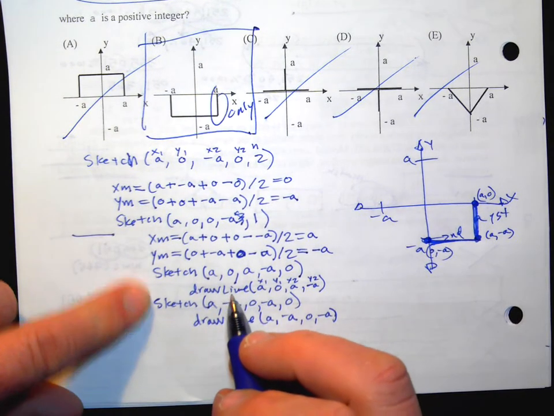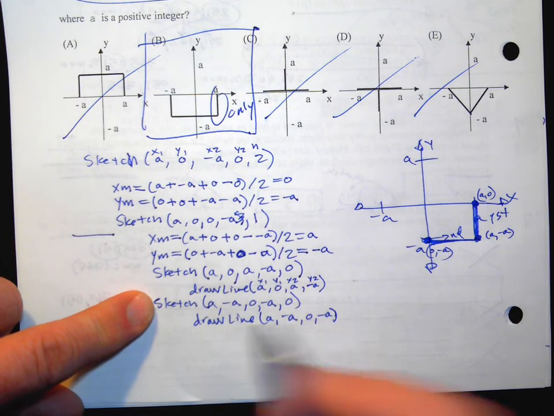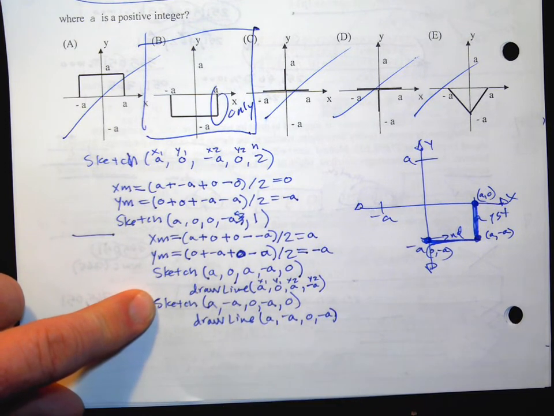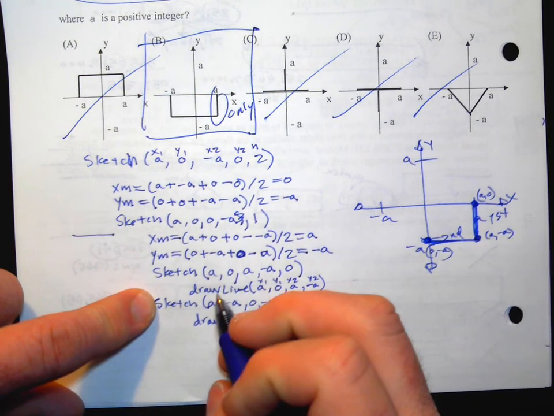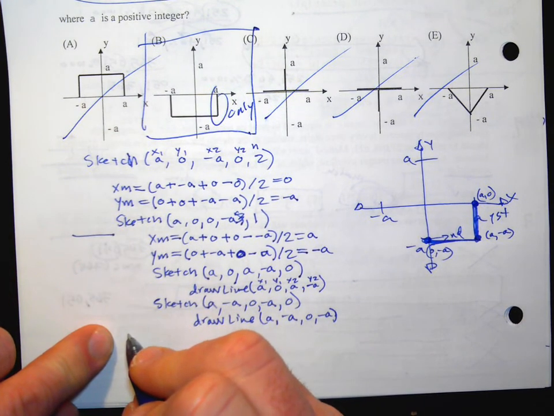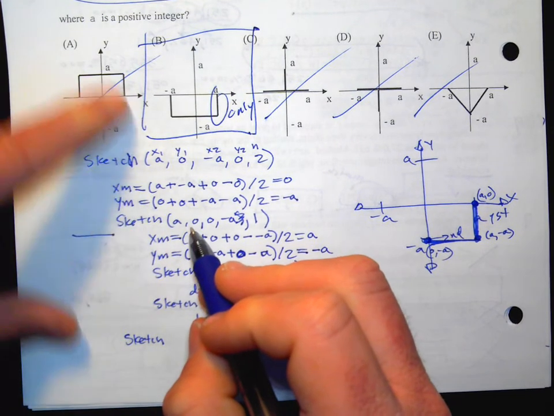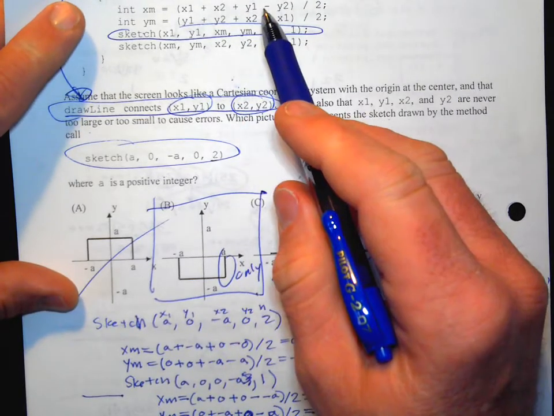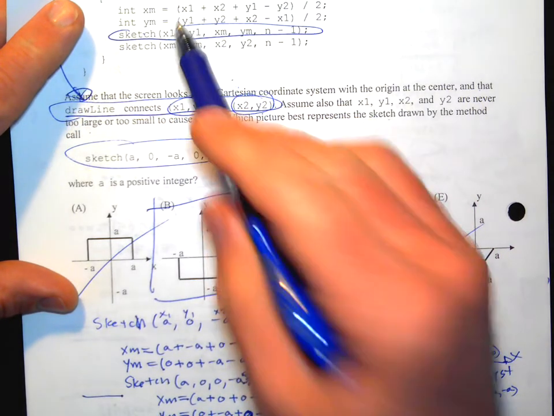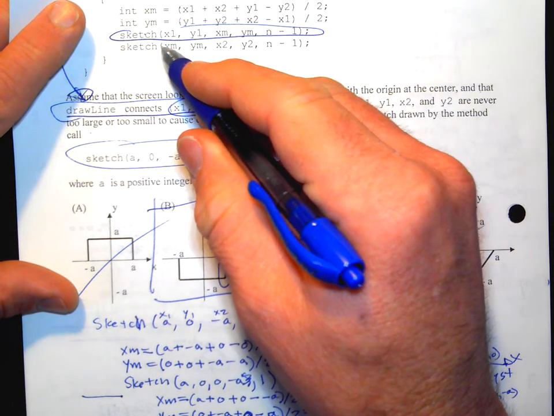So now, let's see where we're at. We finished that, and then we go back up to here, and this calls sketch. So this is the xm, y1, and then this is the first sketch, and that's the second sketch, and now we're done with that.